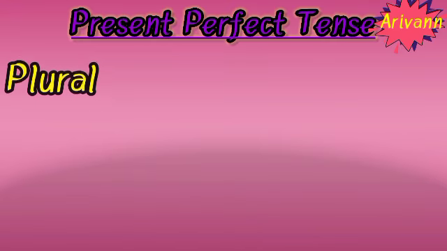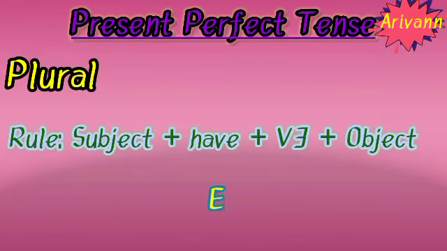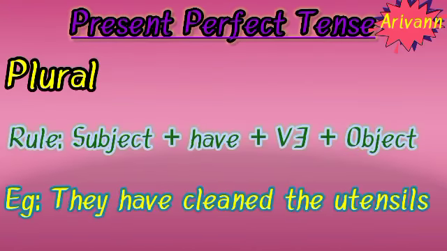See the next one, how to form present perfect tense in plural sentence. So if the subject is in plural form, you need to follow this rule. See the rule: subject plus have plus V3, verb 3 plus object. See the example. They have cleaned the utensils. Here they is the subject and it is in the plural form.